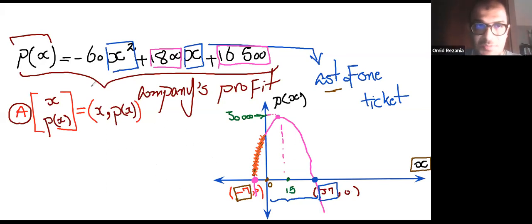Then they had to put the value positive here, which the model maybe is not very realistic. If you are interested in talking about business, normally they call these points break-even points.